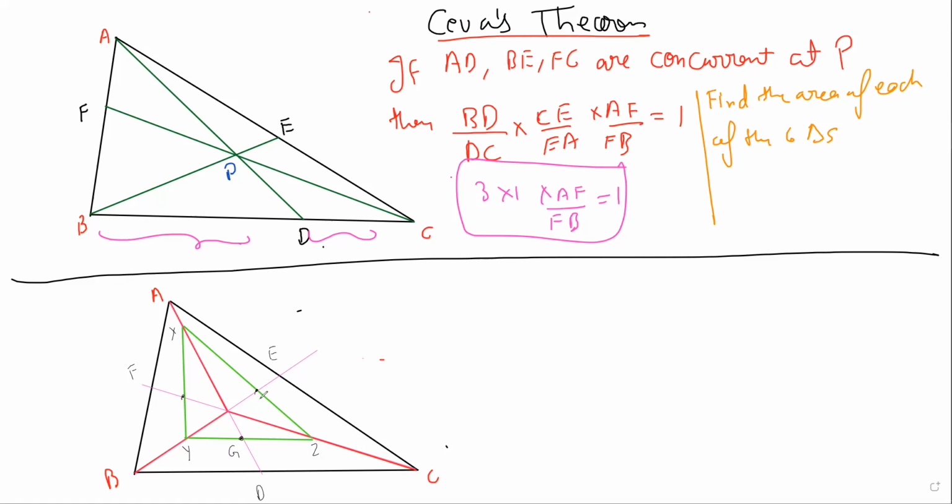G, H, I. Okay. So now let's say that I told you that BD by DC is, let's say, just 1. Okay, BD by DC is 1.